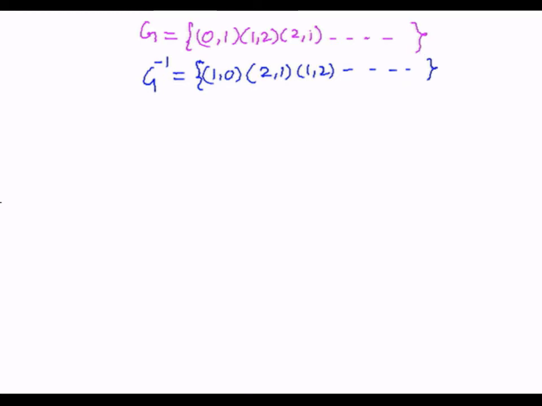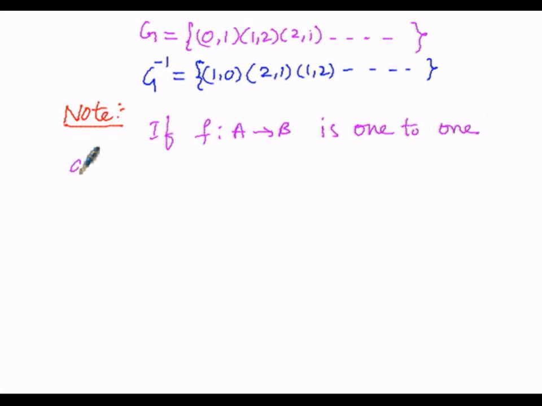But there is a note to be made here. If function f is from A to B, is 1 to 1 as well as onto, then f inverse, given by B into A, is a function.